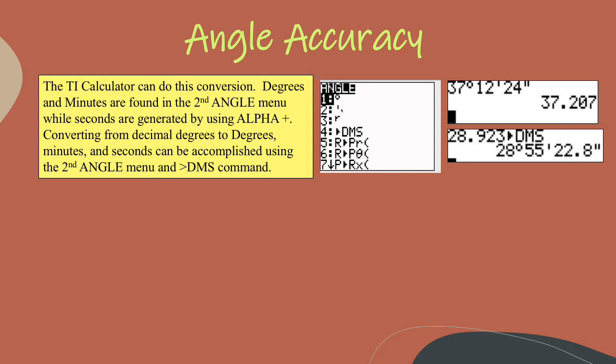Going backwards is a little bit easier. To change 28.923 degrees to degrees, minutes, seconds, we would simply punch in 28.923, second angle 4, and we would get 28 degrees, 55 minutes, 22.8 seconds, which could be rounded to 23 seconds.